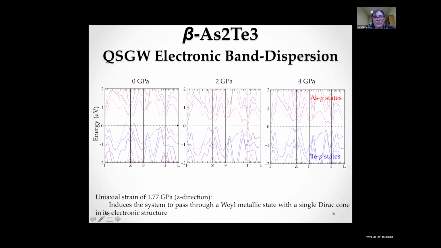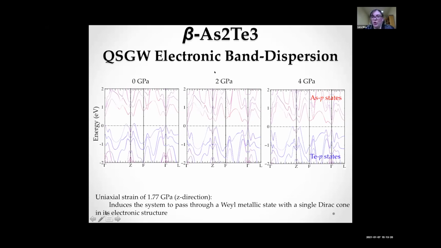This would be our Fermi line. We have a semiconductor at room condition. Although it's not a very big gap semiconductor, it's smaller than 1 eV, it has a band gap.